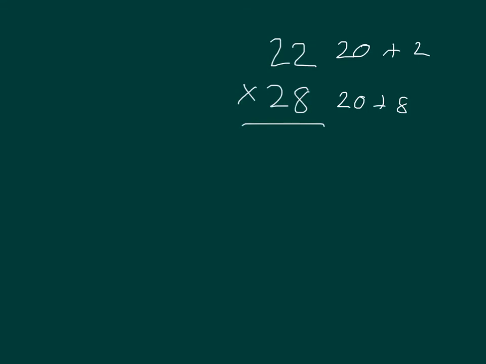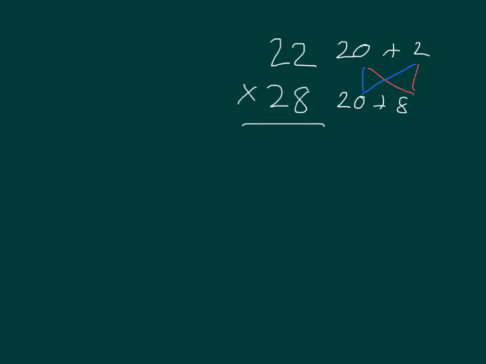This bottom row represents my multiplier, so I'm going to be multiplying 8 times 2 and 8 times 20. And I'm going to be multiplying 20 times 2 and 20 times 20. So my next step will be to write in my multipliers.